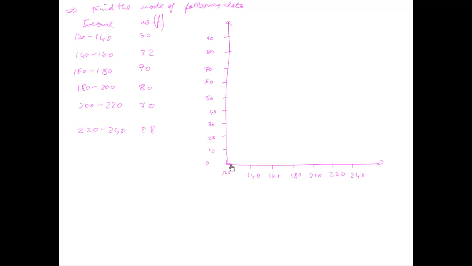Now children, draw the histogram at 30. First one. Next at 72. Next 90.